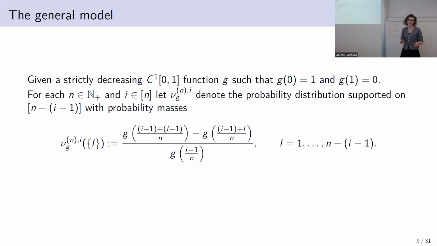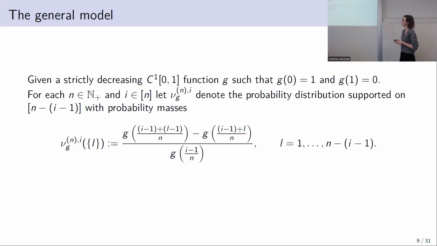So how do I define this general model formally? Now I'm fixing a strictly decreasing, continuously differentiable function g with some boundary condition: it's 1 at 0 and 0 at 1.